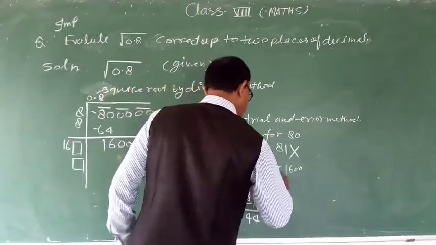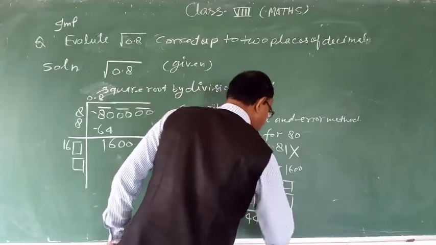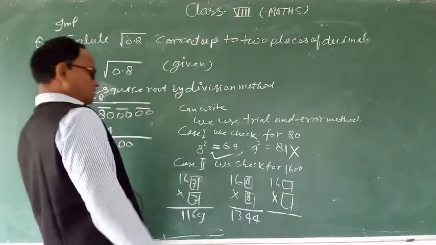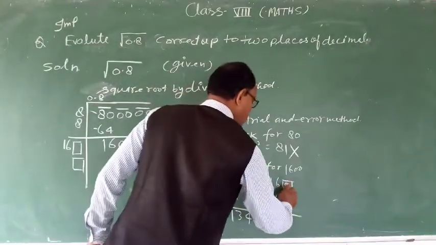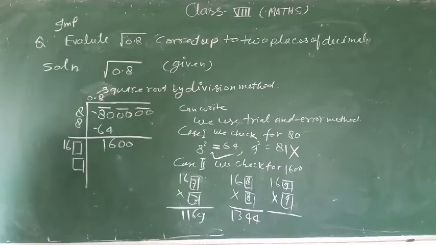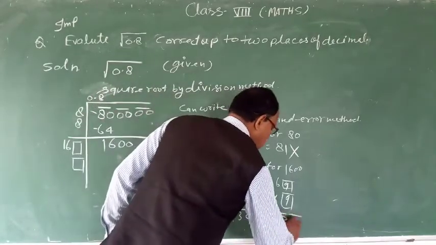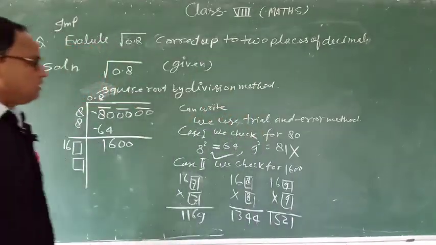After this 16 make box, 9 square, we get here 1521.